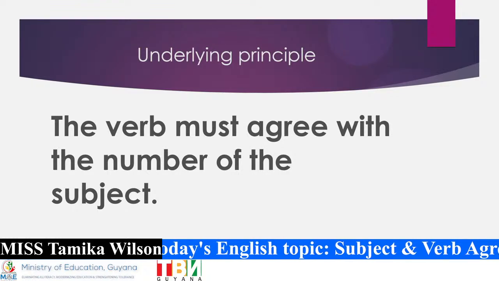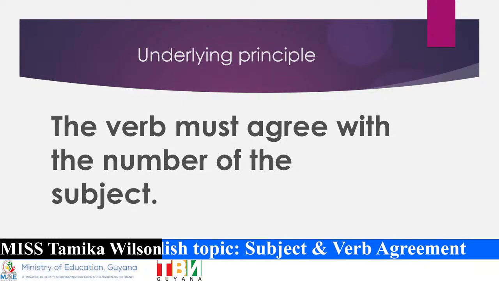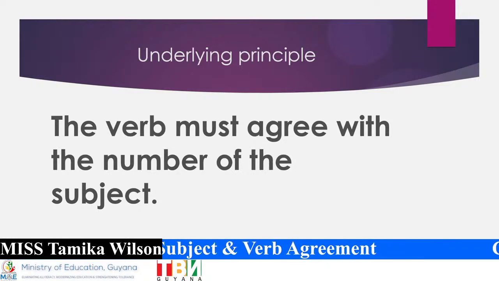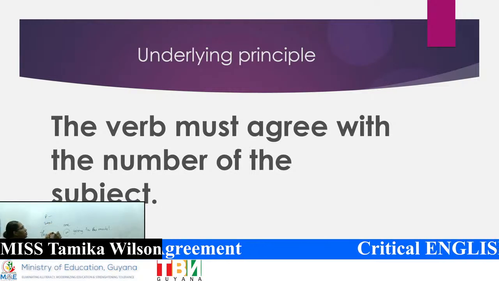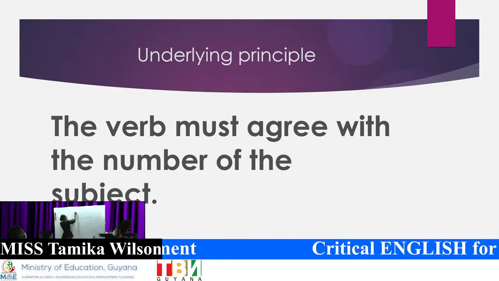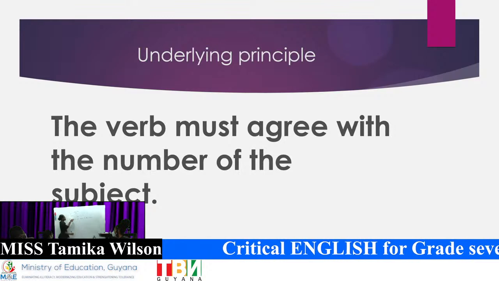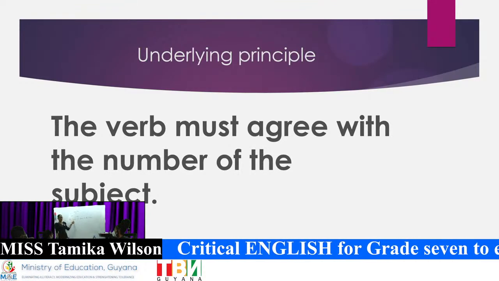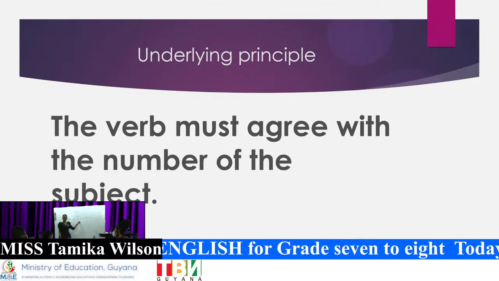That's our underlying principle. How does that work? If we have a plural subject, and the plural subject would refer to what? More than one. So if we have a plural subject, then we must use the plural form of the verb.